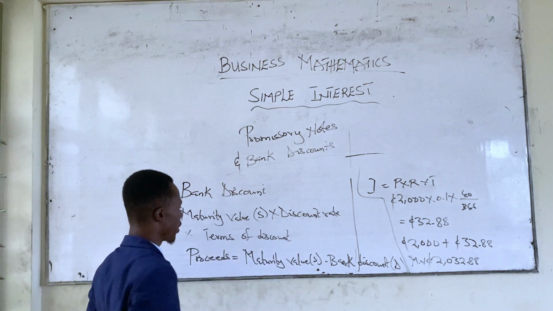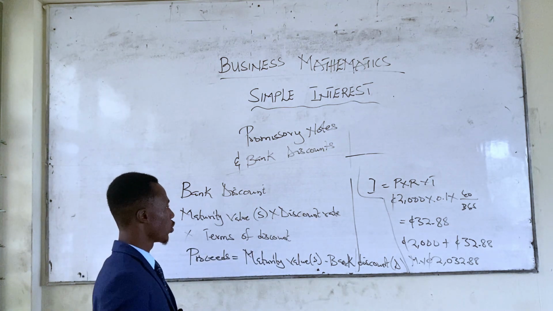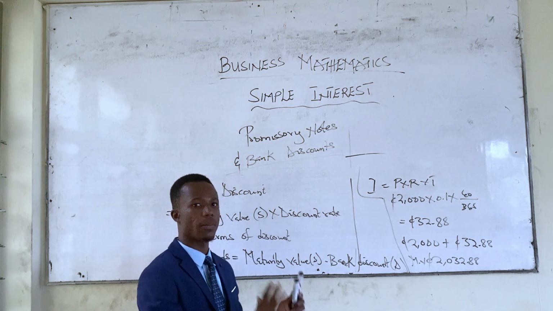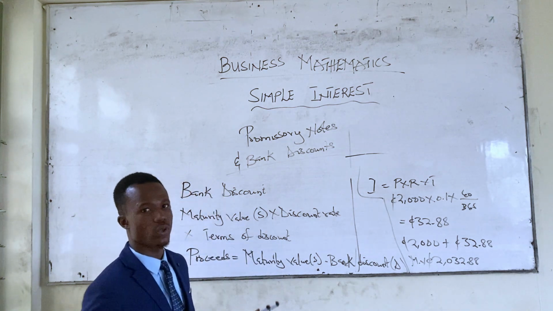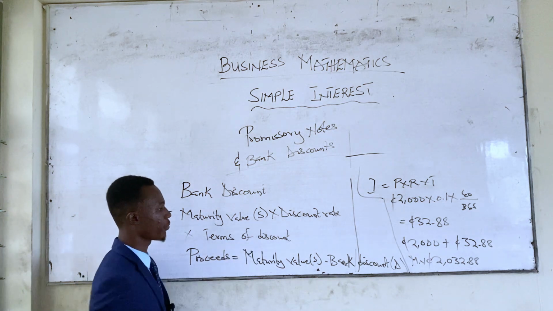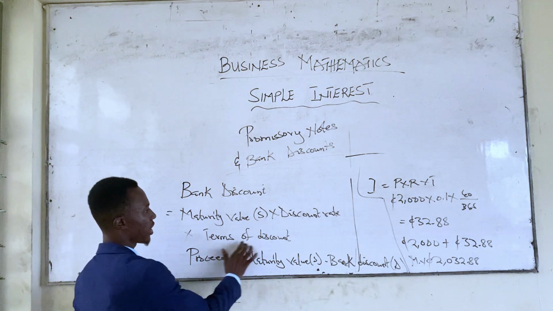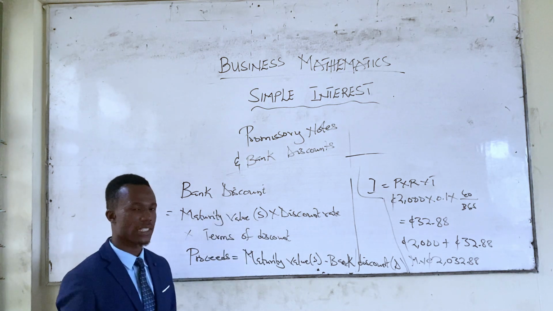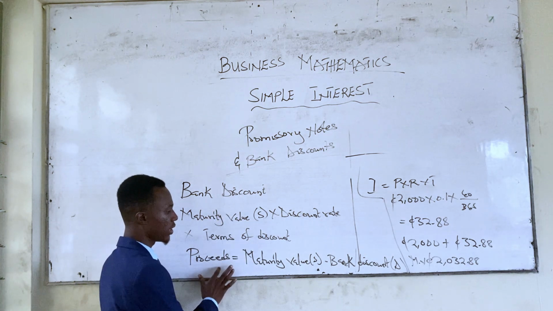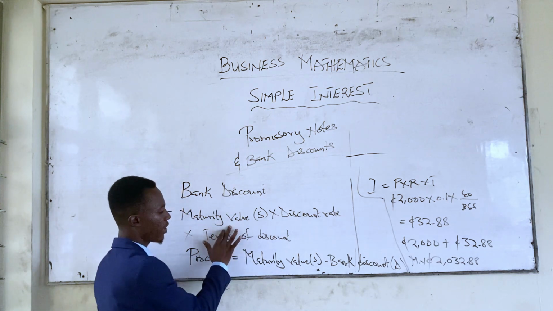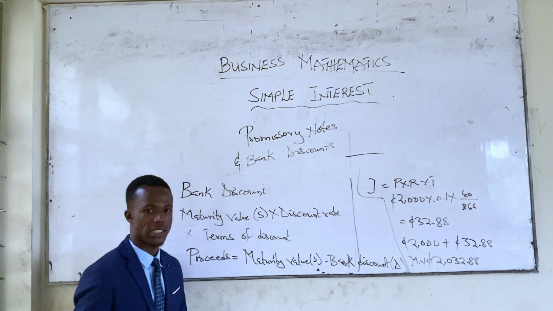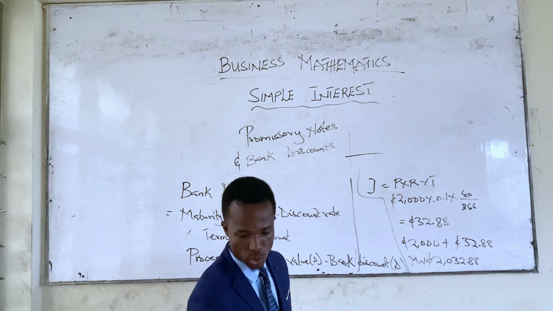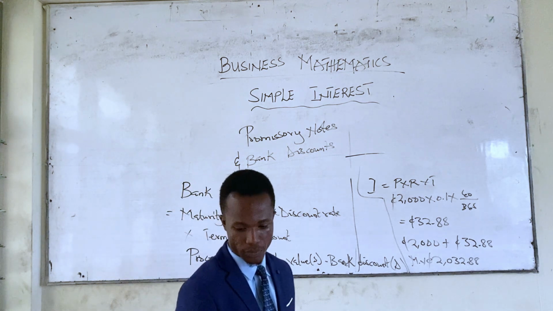The discount rate will be given, and the terms of discount will be given. All you need to do is take the time that the bank, or the third party, was introduced, and start from that date till the due date, and that will be the terms of the discount. Then you just multiply the three to get the bank discount. After getting the bank discount, you calculate the proceeds. You already have the maturity value, you subtract the bank discount from it, and you are done. That is what we are going to do over here.